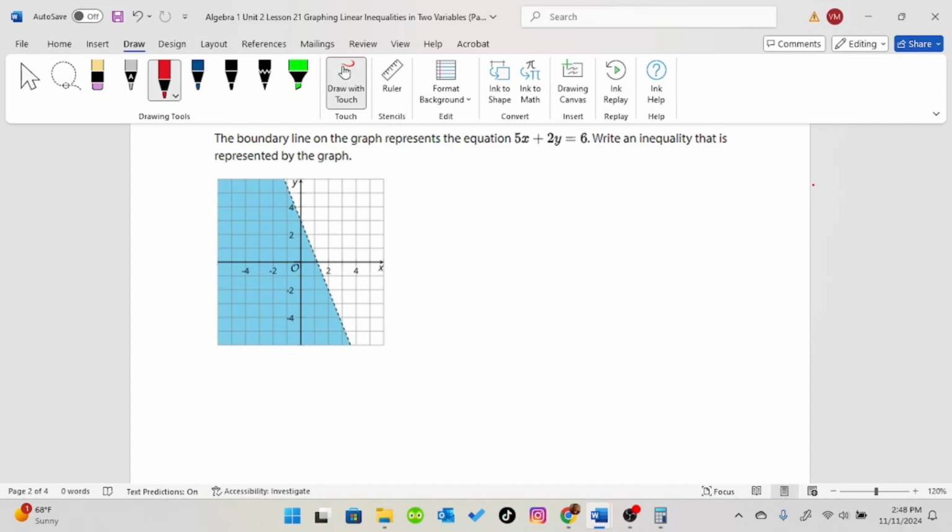To determine this, we can choose any point in the blue shaded region. The easiest point to use in that region is (0, 0). So if we plug in (0, 0), then 5 times 0 plus 2 times 0 becomes 0 plus 0, which is 0.